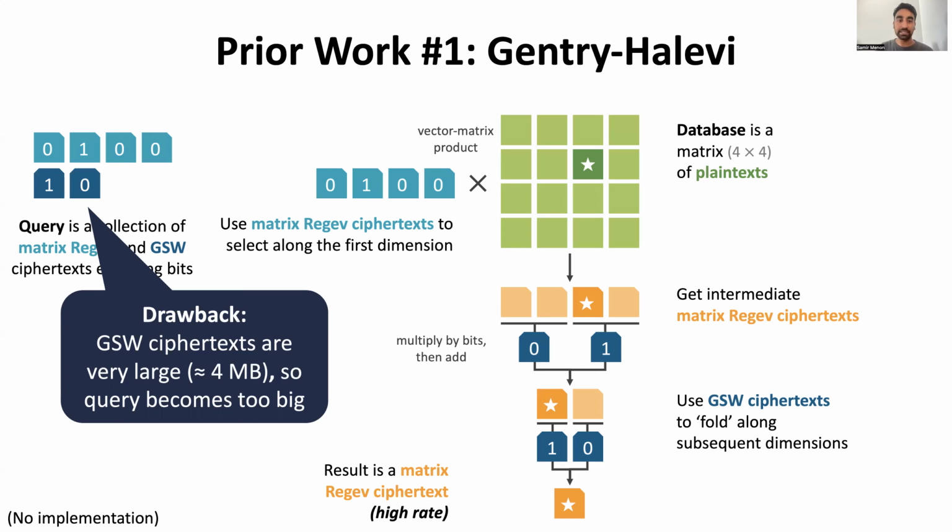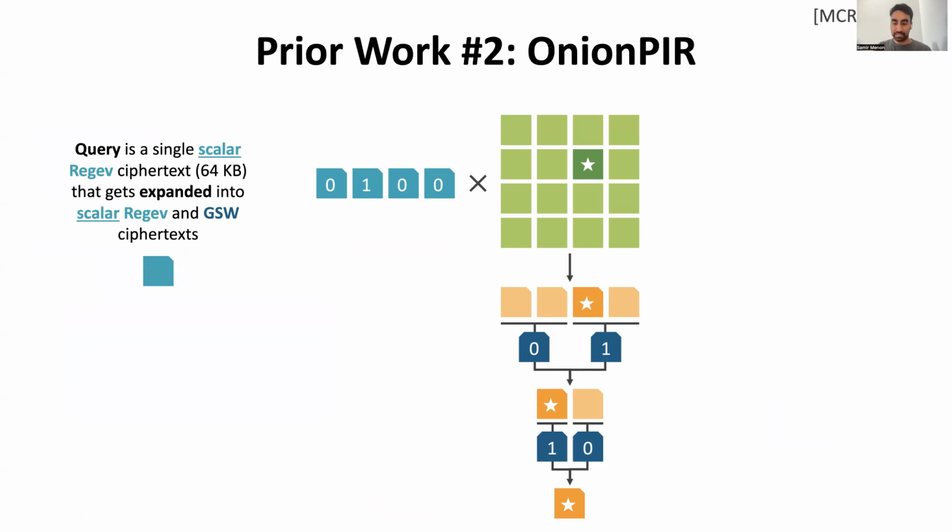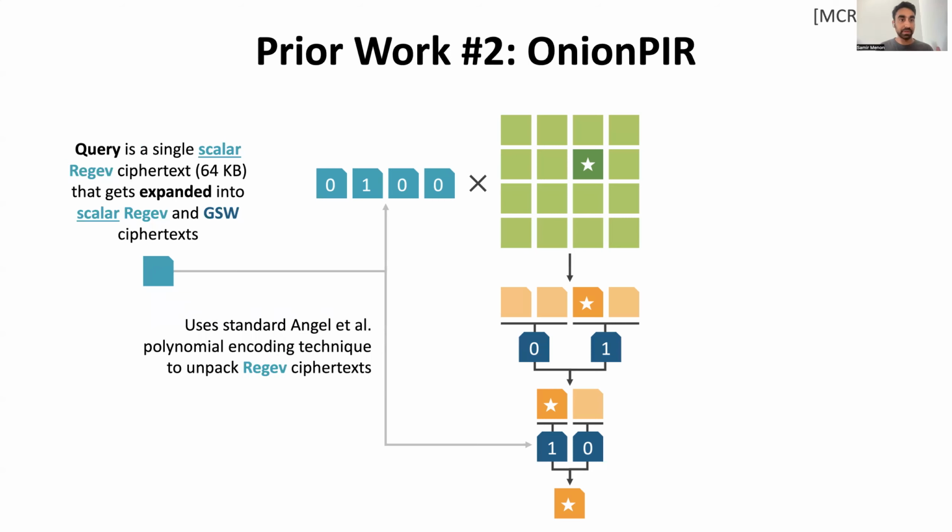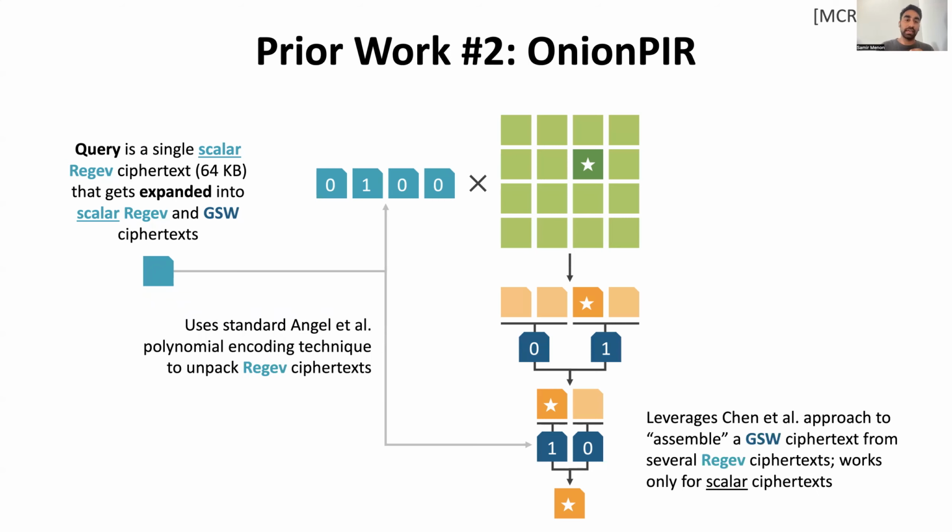It's not very practical. There's another work that addresses this called Onion PIR. They show how to take a scalar ciphertext and expand it into scalar Regev and GSW ciphertexts. And then they show how to assemble a GSW ciphertext from a scalar Regev ciphertext.